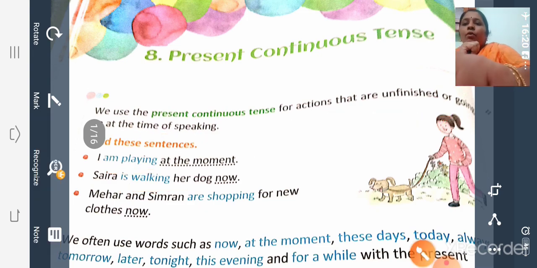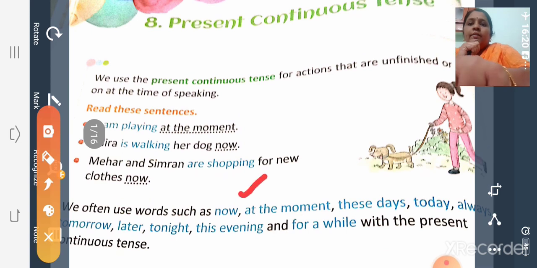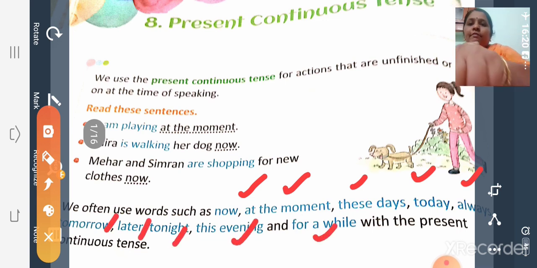Now we often use words such as now, at the moment, these days, today, always, tomorrow, later, tonight, this evening, and for a while with the present continuous tense. So we often use present continuous tense along with these words.